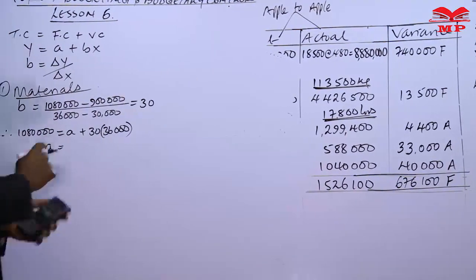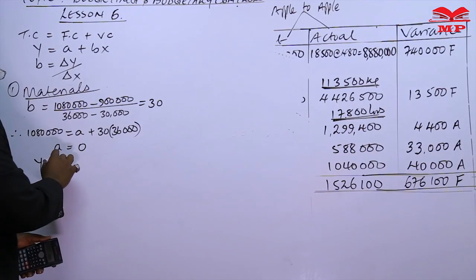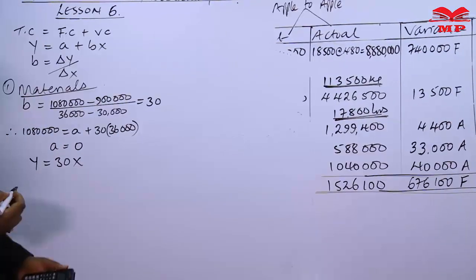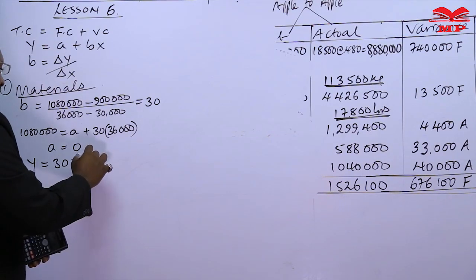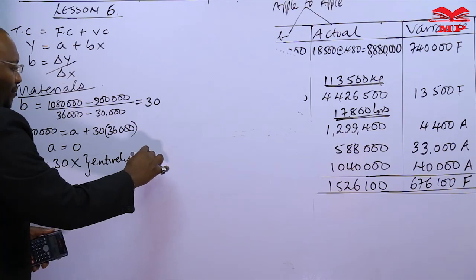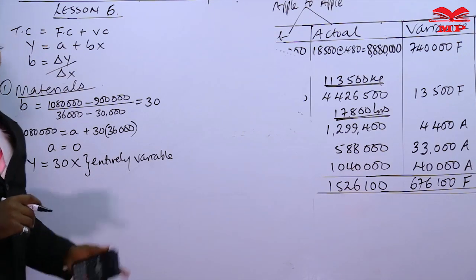If I subtract from 1080, I get 0. That means that my y is only 30x. There is no a, meaning the material cost is entirely variable. There is no fixed element.